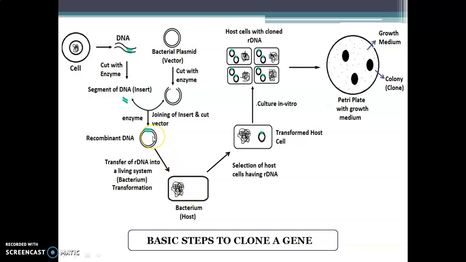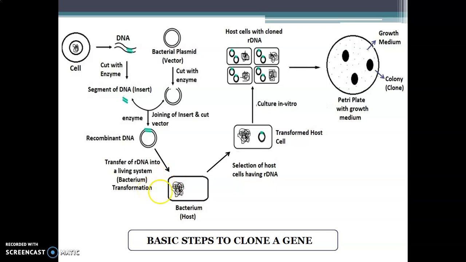That's why here we have transferred this rDNA into a bacterial cell, and this bacterial cell is called a host because it receives the rDNA. And this process of introduction of rDNA into bacterial host is basically known as transformation.